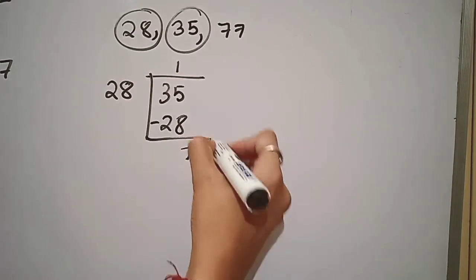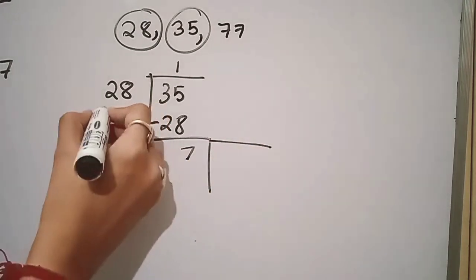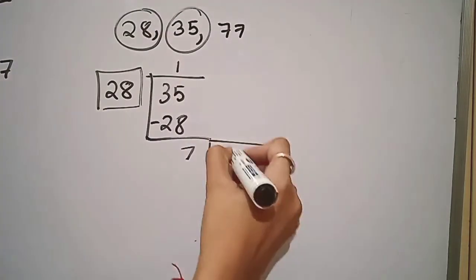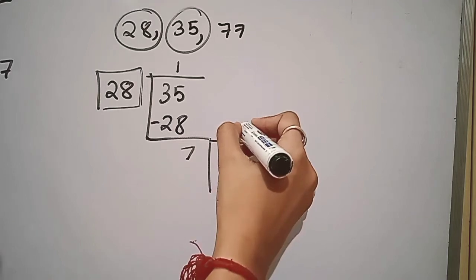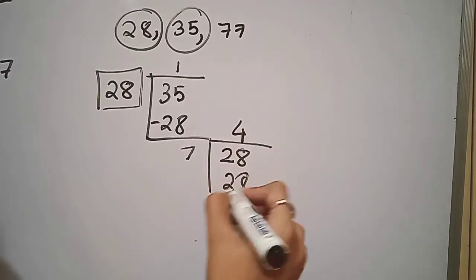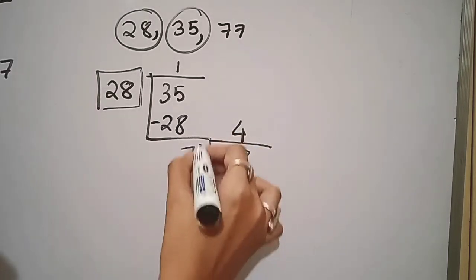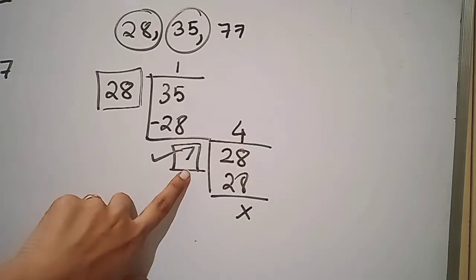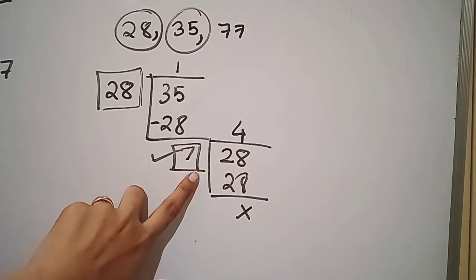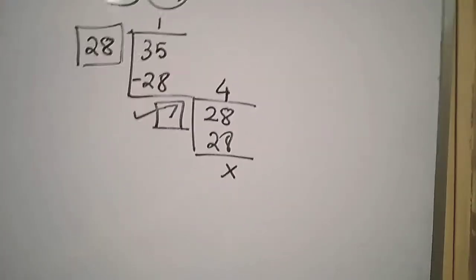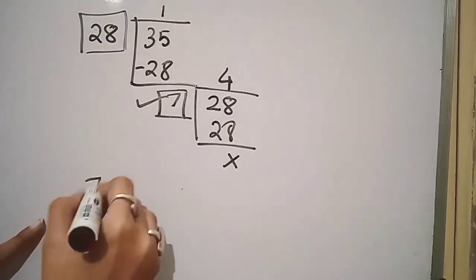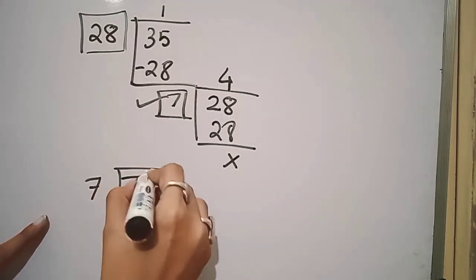Now using 7, I am going to divide the other number. I will write this number here and divide 28 by 7. So 7 is my answer. Now using this 7, I will divide 77.